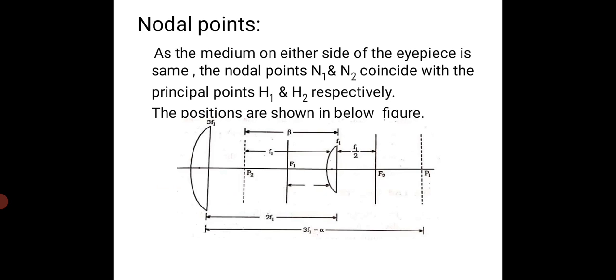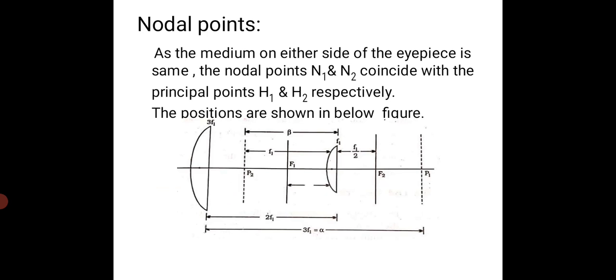Next come the nodal points. As the medium on either side of the eyepiece is the same, the nodal points N1 and N2 coincide with the principal points H1 and H2 respectively. So, the positions of the cardinal points are shown in the figure below. The field lens with 3f1, the eye lens with f1, separated by distance 2f1.